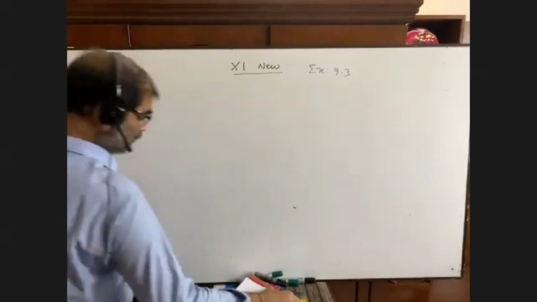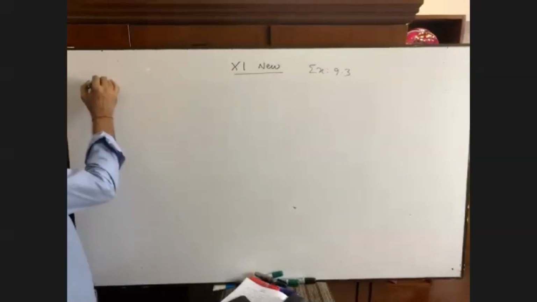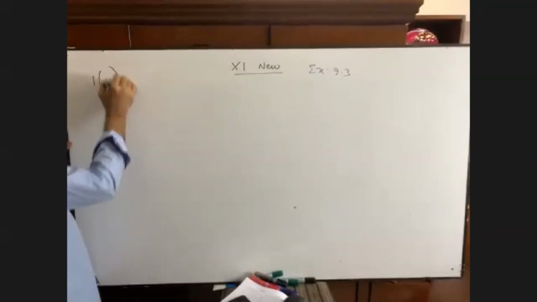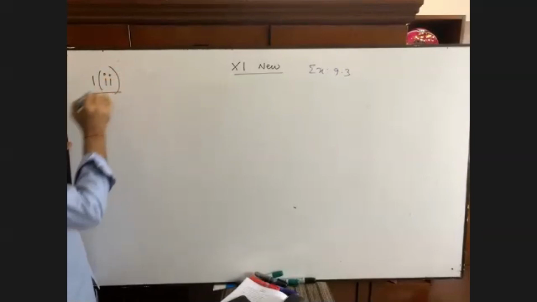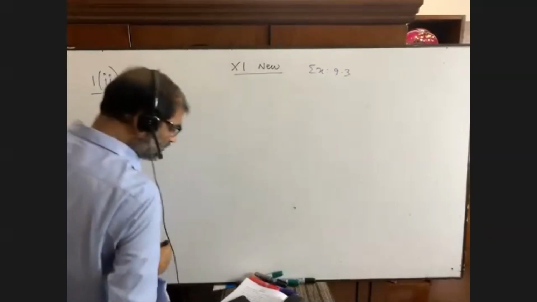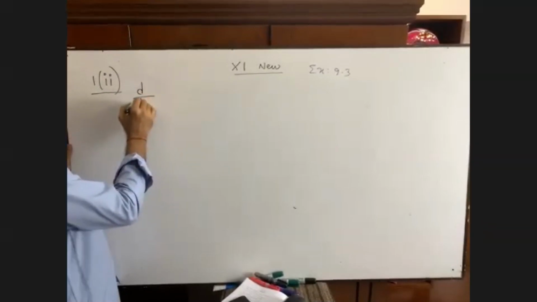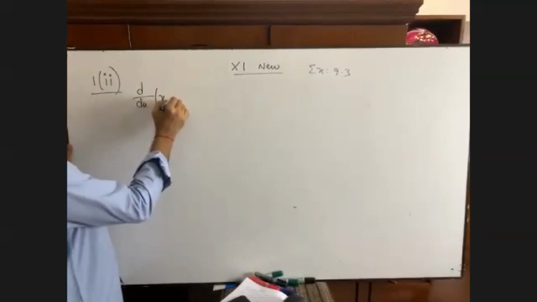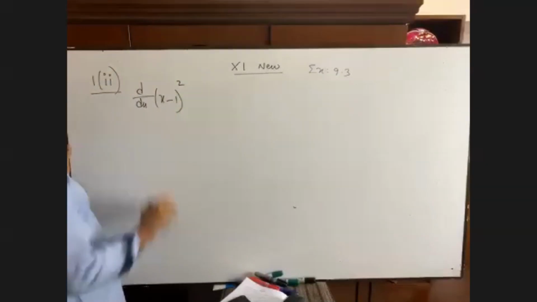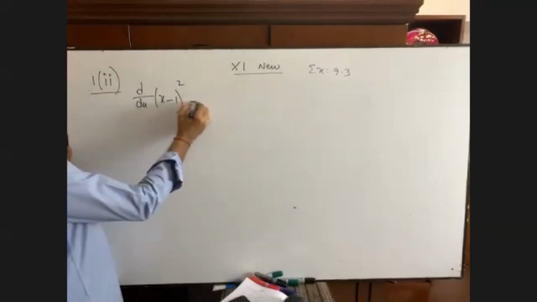Now we are going to question number 2 of 1. d by dx of x minus 1 whole square. Now the different math. Let me know who can do it.